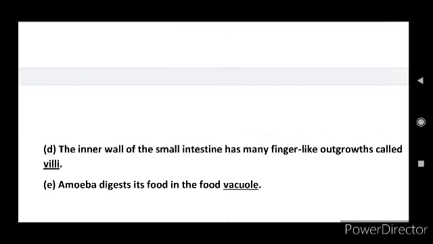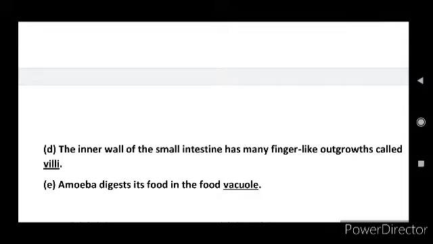And next D question, it is also an important question. The inner wall of the small intestine has many finger-like outgrowths called dash. The inner walls of the small intestine have thousands of finger-like outgrowths. These are called villi, and the villi increase the surface area for absorption of digested food.